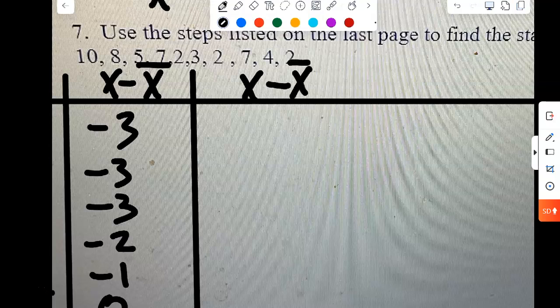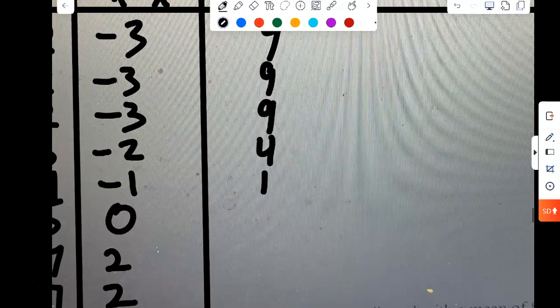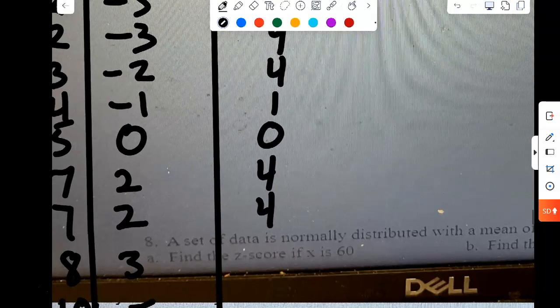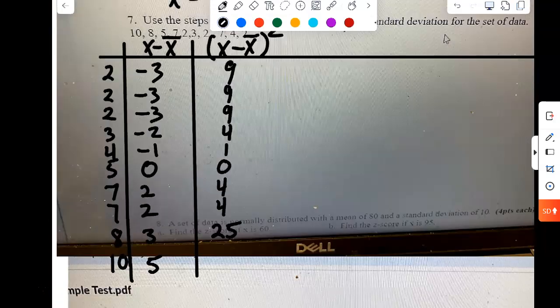X minus X bar squared. That's going to be 9, 9, 9, 4, 1, 0, 4, 4, 25. I lost my order, that's all right. Then we're going to add all those up. That's step 4. When you add all those up, you're going to get 74.